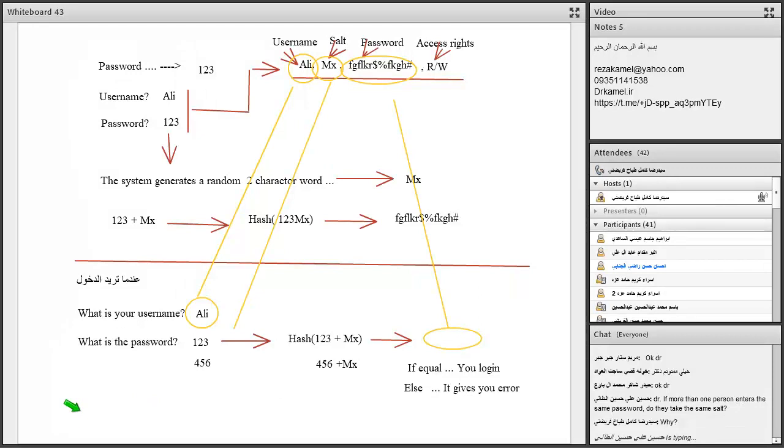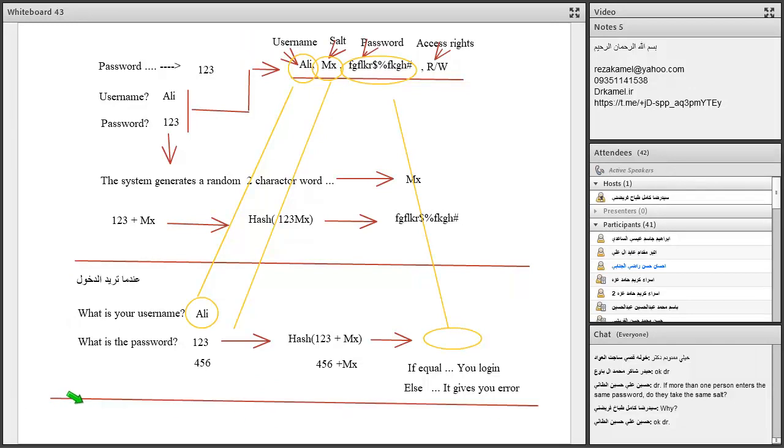Now you see why we use salt. The reason we use salt is that if the password for one person is 1, 2, 3, the hash of the password will be, for example, this one.